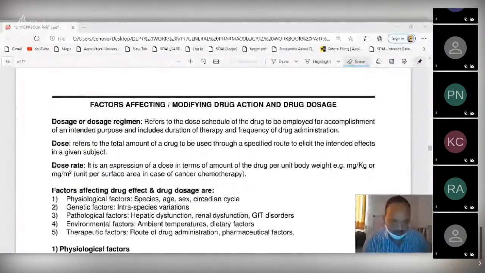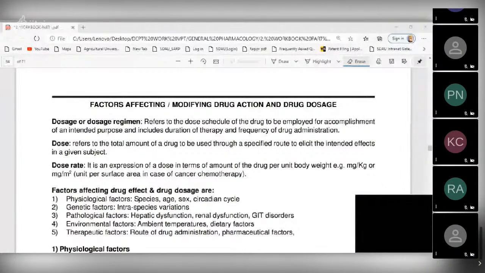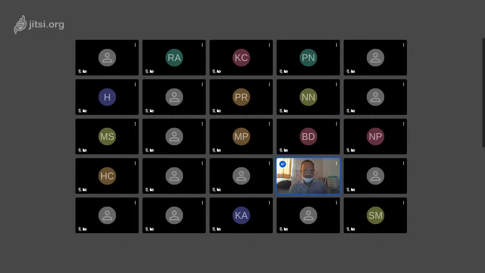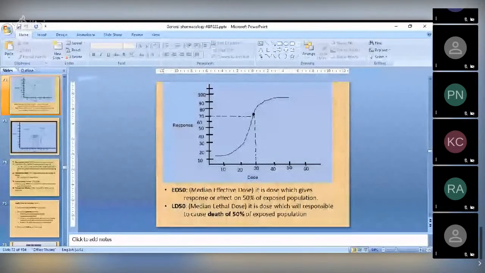Yes. So are you able to see? Let me change. Instead of sharing the screen, I have to share the window. So now you are able to see the graph, I think so. Okay. Let me give you the full view.